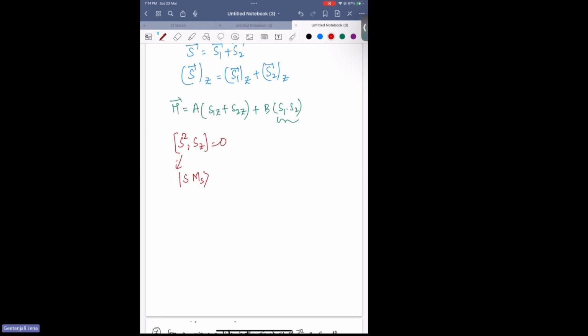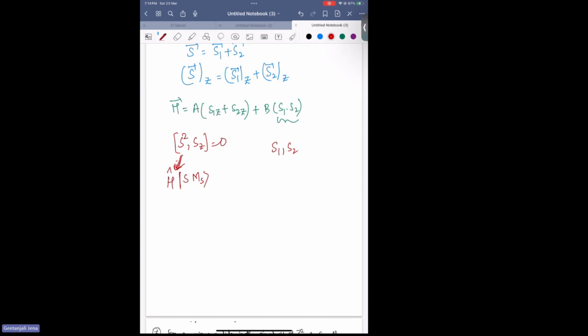S1 and S2 commute with each other because they correspond to two different particles. You have two particles, one has S1, the other has S2, and if you have different particles, then they will commute. Now you take a simultaneous eigenstate of S square and Sz. To find the eigenvalue, you have to act the Hamiltonian on it.